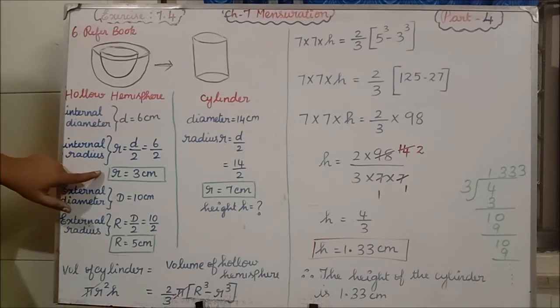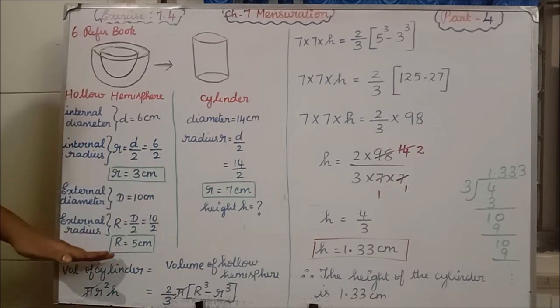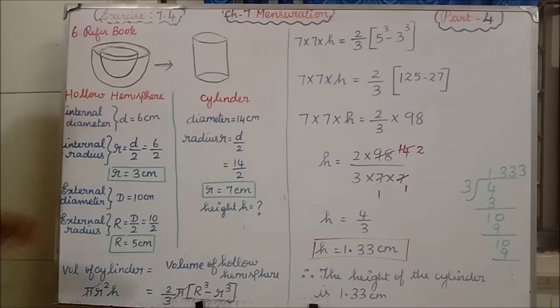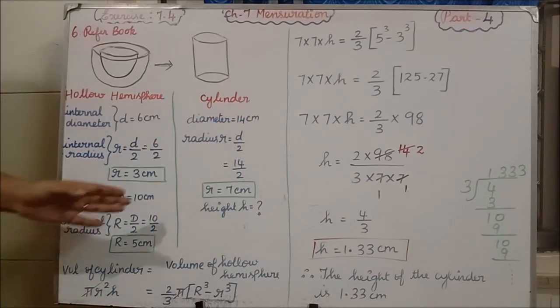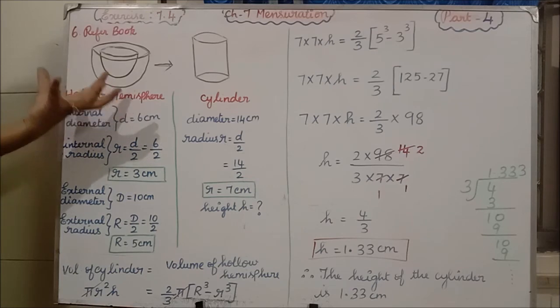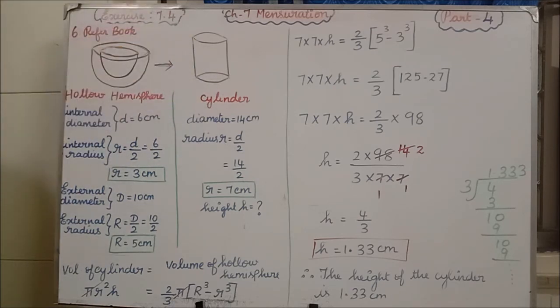Now we have got small r and capital R: internal radius is 3 centimeter, external radius is 5 centimeter. Clear? Now for the cylinder they have given diameter 14 centimeter, that we have to convert into radius. So radius r equals d by 2 equals 14 by 2, radius is 7 centimeter. Height we have to find. The volume I am using for the hollow hemisphere, the same volume only I am going to make the cylinder, isn't it?